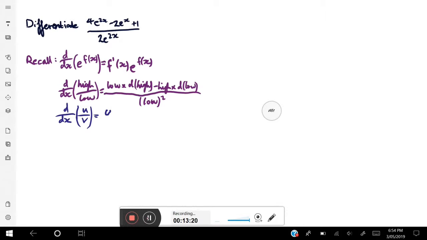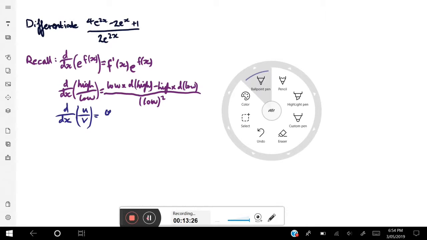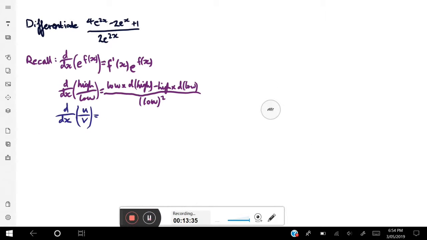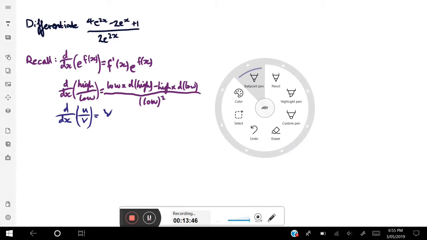That's just low d high minus high d low, over low squared, so that's just v squared.